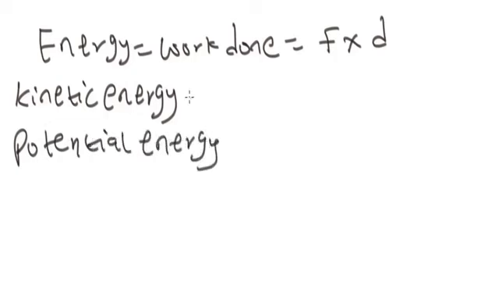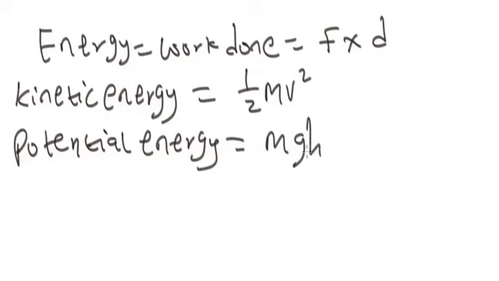Alright, so kinetic energy is the energy possessed by a body in motion and is calculated using half mv square, whereas potential energy is energy possessed by a body at rest, and is calculated using mgh. Now, the relationship between kinetic energy and potential energy: half mv square equals mgh. So the m will cancel the m.